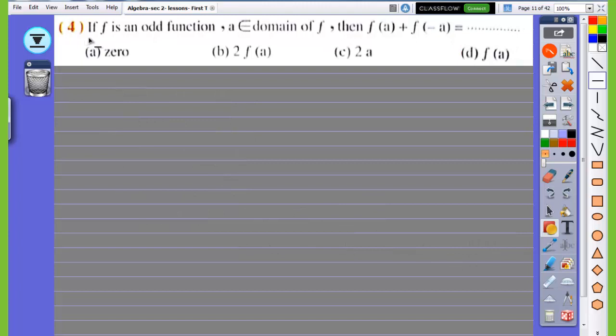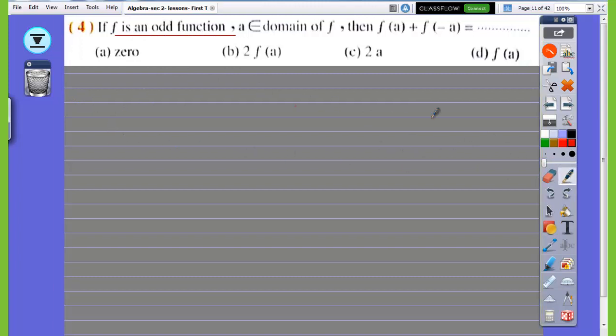Here we have f is an odd function. So since f is odd function, we can say that f of negative x equals negative f of x.